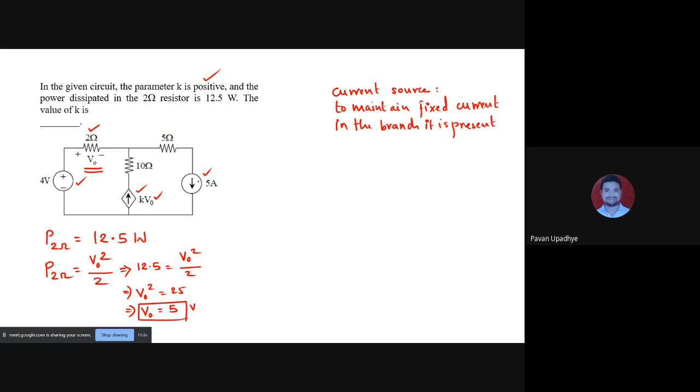So as 5 ampere is present over here, its responsibility is to maintain 5 ampere in this branch. Whatever other changes happen in the circuit, it doesn't care. If here is 5 ampere, it means here is 5 ampere.